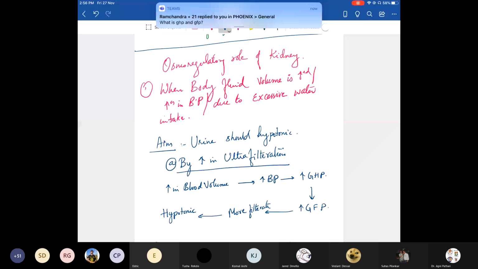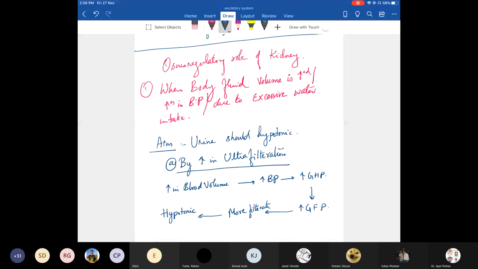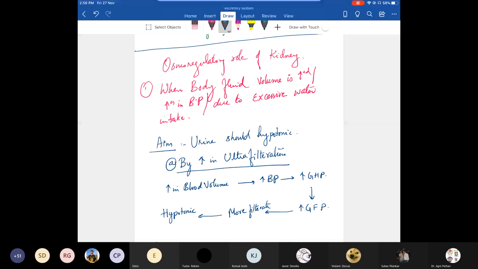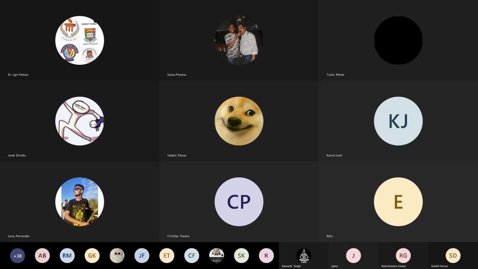Glomerular hydrostatic pressure, glomerular filtration pressure. Can you see the screen?